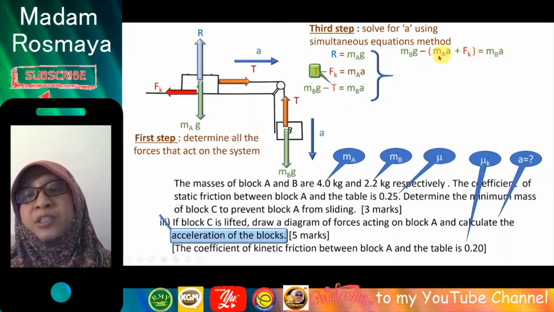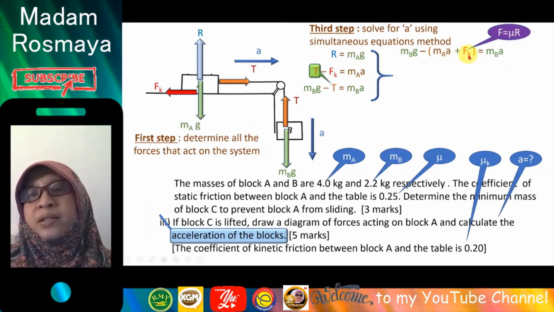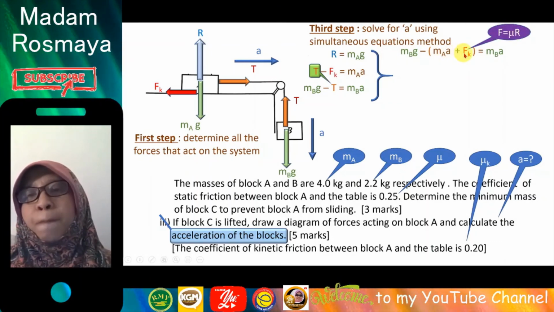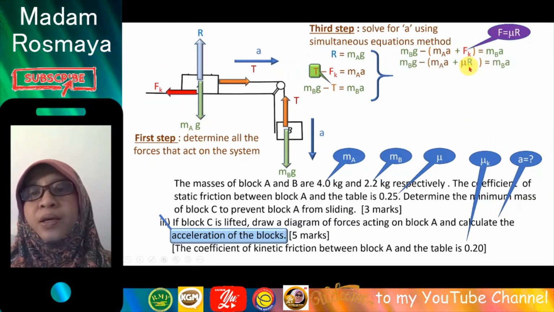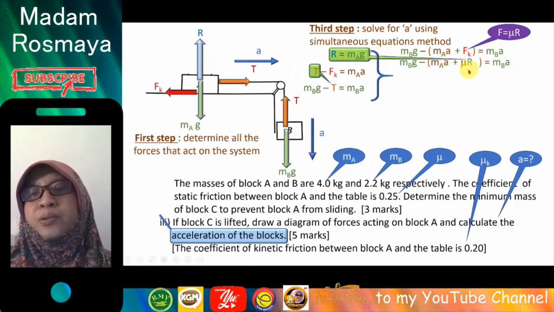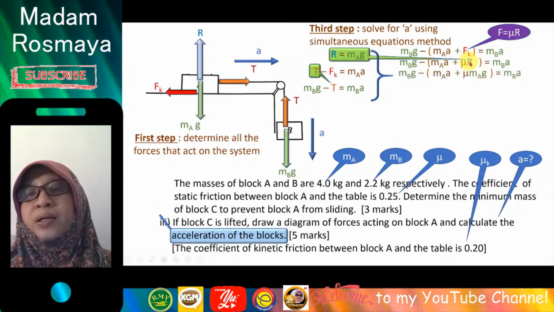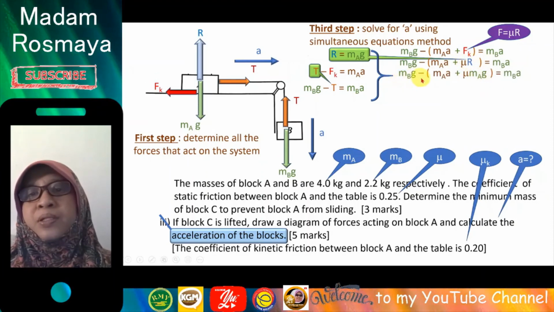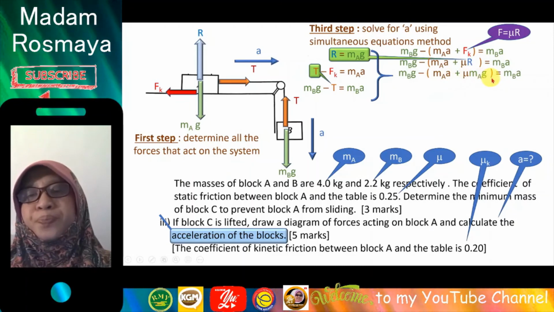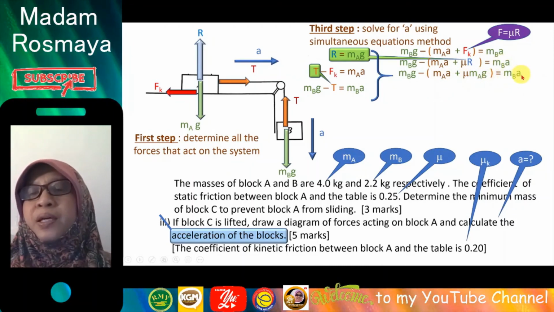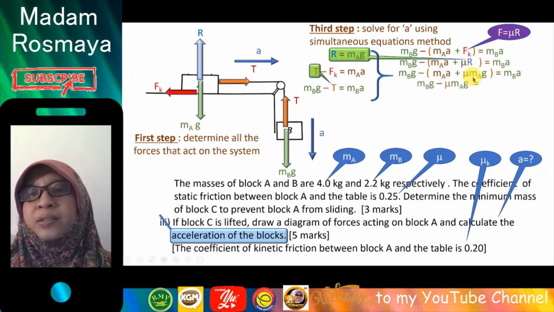This is kinetic friction. We substitute into the equation here. Next, Fk equals mu R, and R is MAG. So it becomes MBG minus bracket MAA plus mu MAG equals MBA.